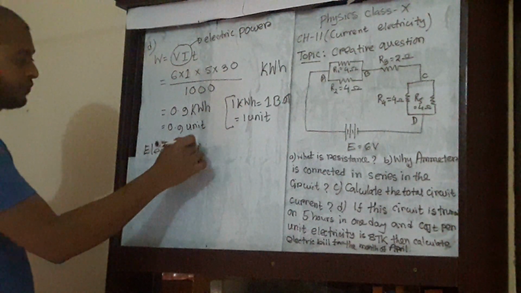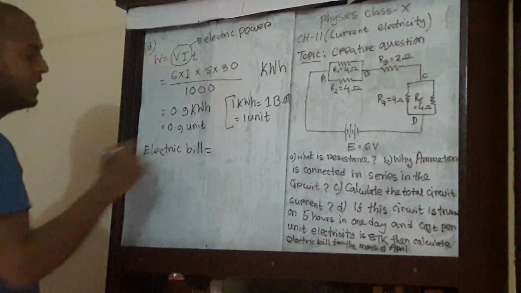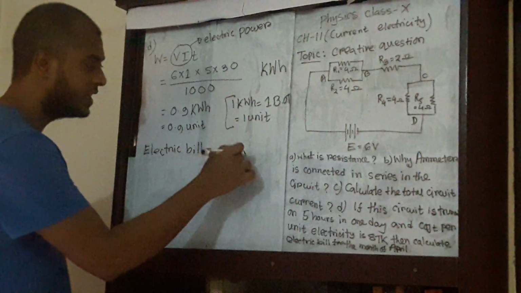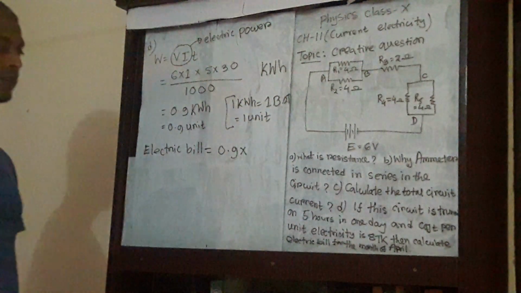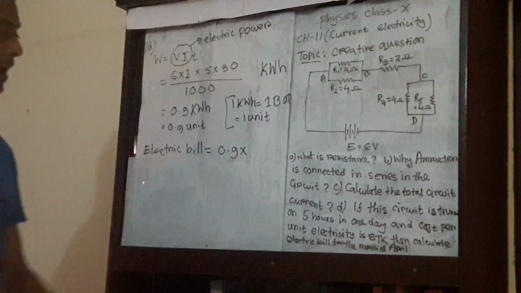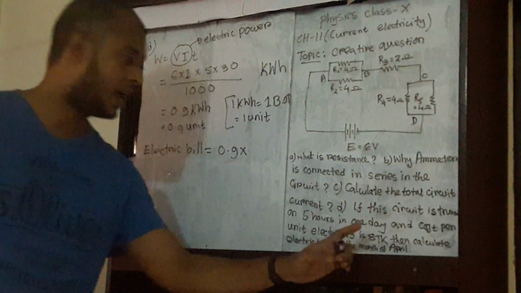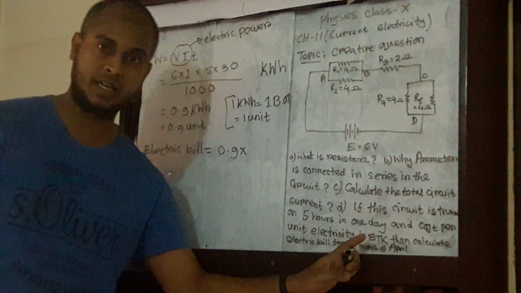Now, the electric bill. The electric bill is the units, that means 0.9 unit, into the cost of 1 unit of electricity, that is 8 taka.